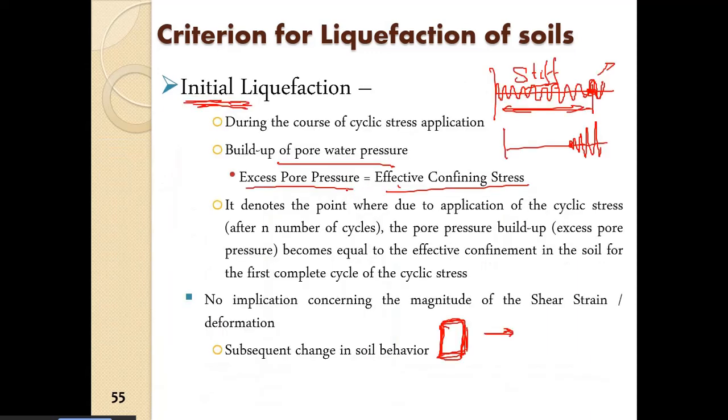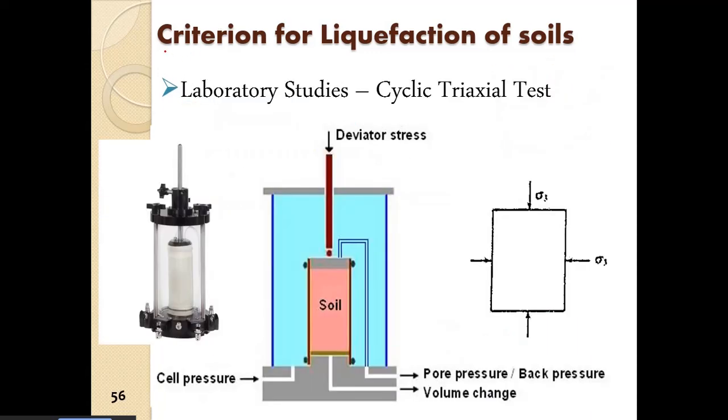Now, to understand the different criteria for liquefaction of soil, we have studied the triaxial test up till now. We have studied that in the triaxial test there are three types of tests.